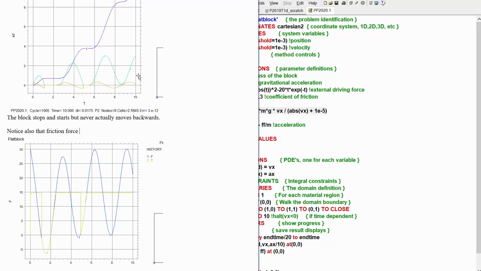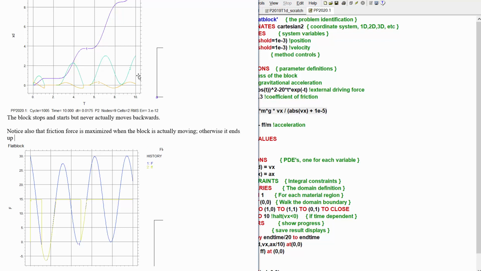Notice also that the friction force is only active, maybe maximized, when the block is actually moving. Otherwise, it ends up being just large enough to cancel the motion, cancel the externally applied force, and make acceleration 0.